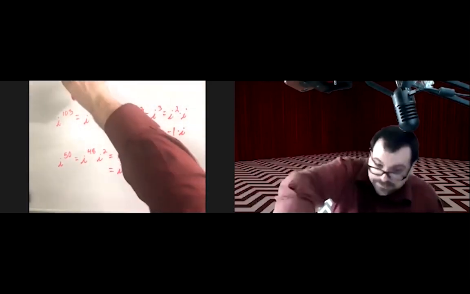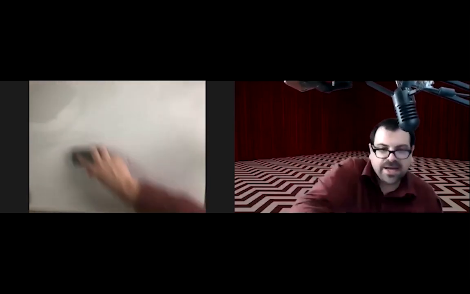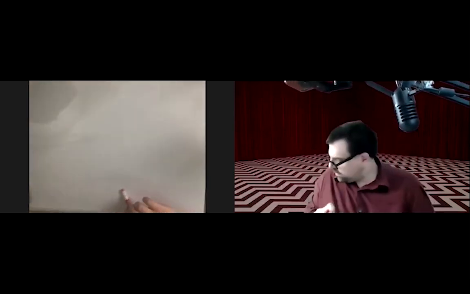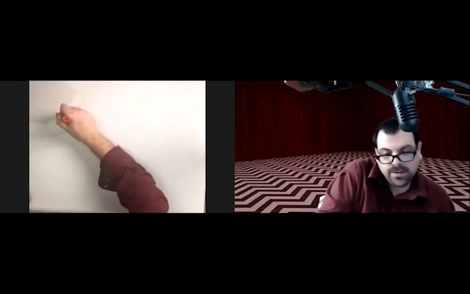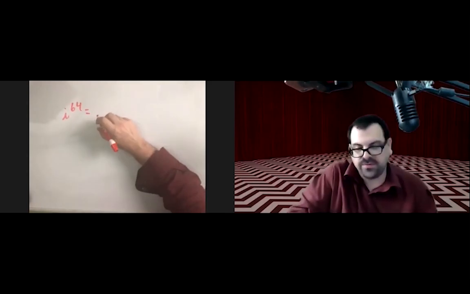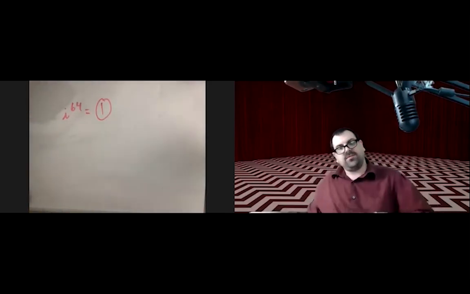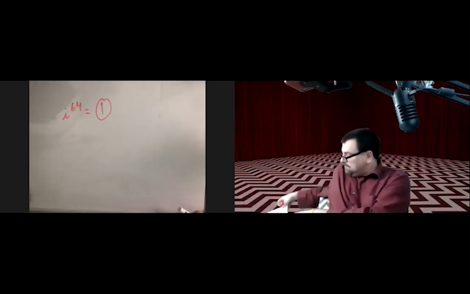One more, and then we'll move to negative powers of I. I to the 64th. Well, that is a multiple of 4 power. So it's 1, because 64 is 4 times 16.